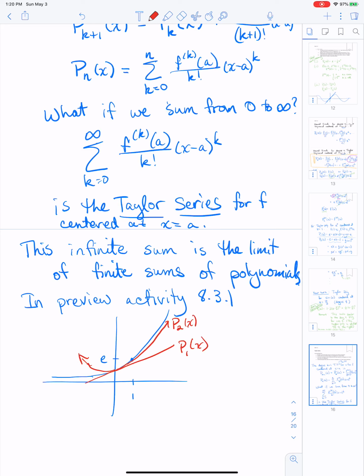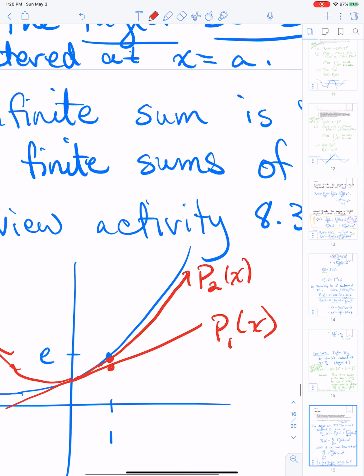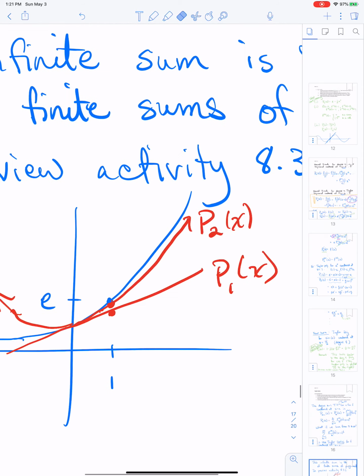And so what we did in this preview activity is you looked at the sequence of points on these successive polynomials evaluated at 1, and we considered the fact that those are a convergent sequence of numbers whose limit is e, right?